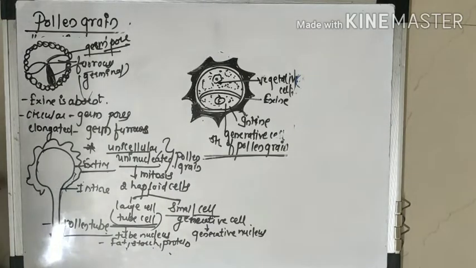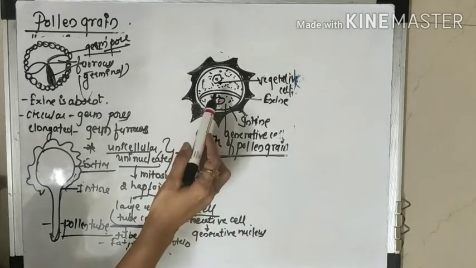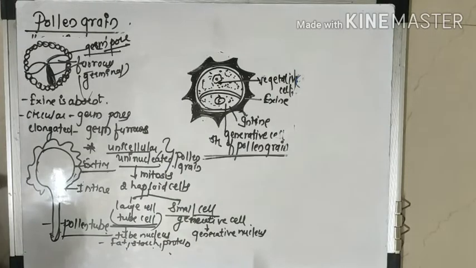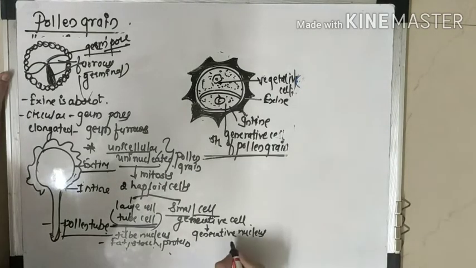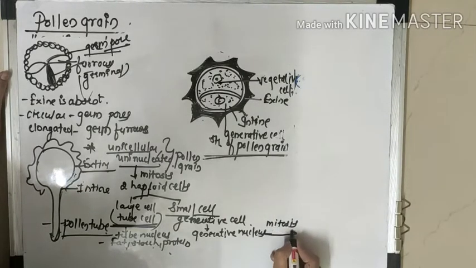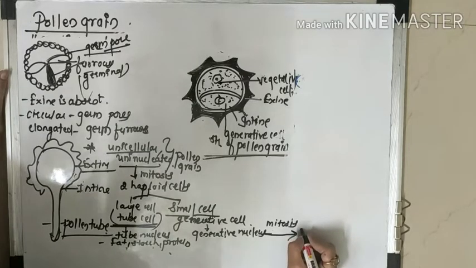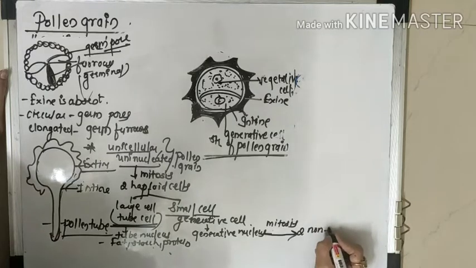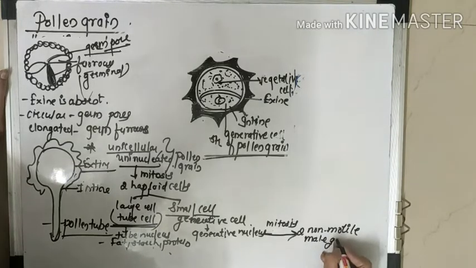Now this generative nucleus eventually divides mitotically, undergoing mitosis again, to form two non-motile male gametes.